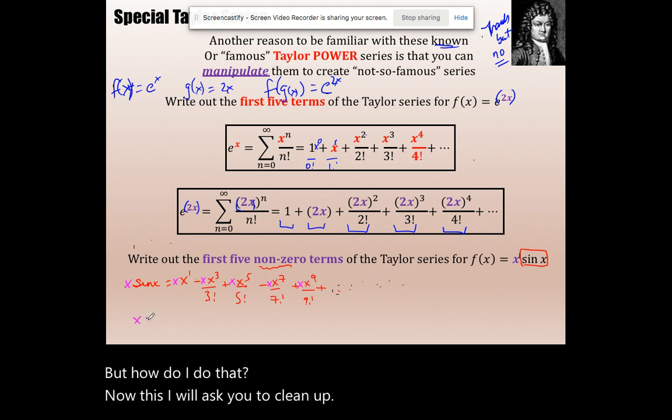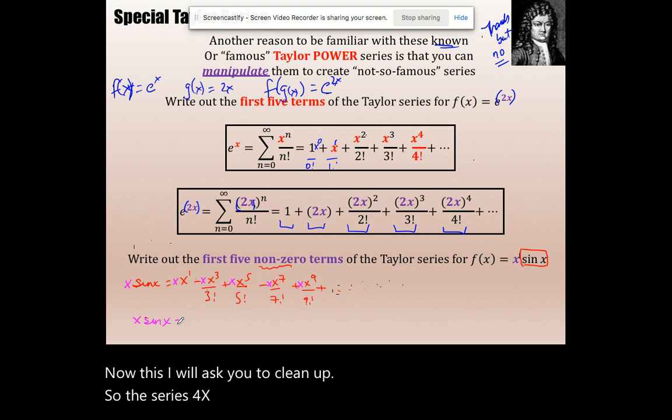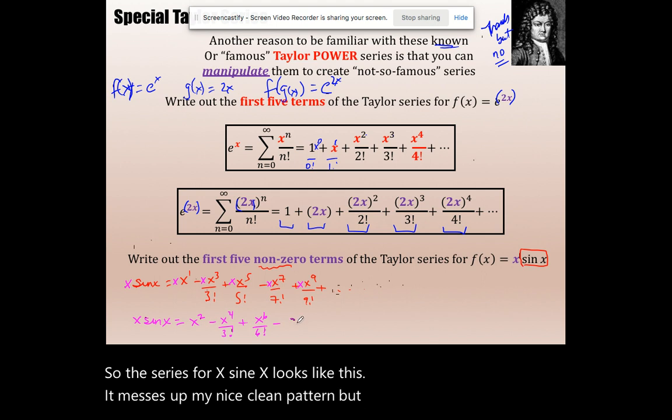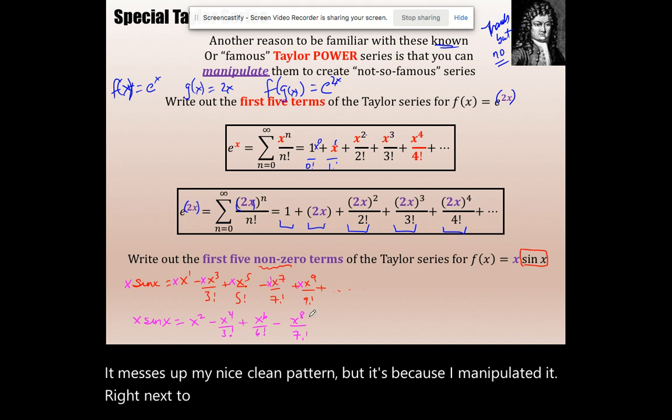So the series for x sine x looks like this. It messes up my nice clean pattern, but it's because I manipulated it. Right? X to the first times x to the seventh is x to the eighth. Crazy, right?